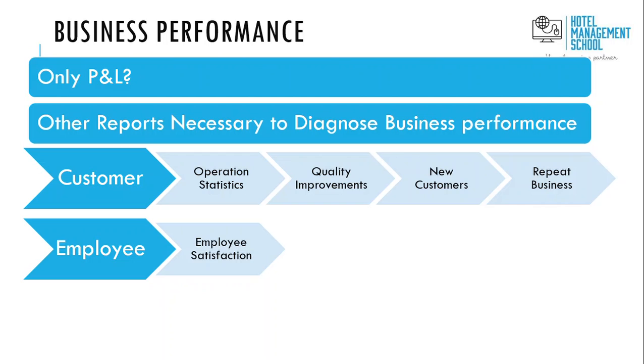We have one-to-one sessions with the employees. You may have coffee sessions with the employees to check on their satisfaction level and their motivation level. How motivated are they? One such term is employee turnover. How many percent of people are leaving our organization on a year-to-year and month-to-month basis, and how does it compare with the industry?